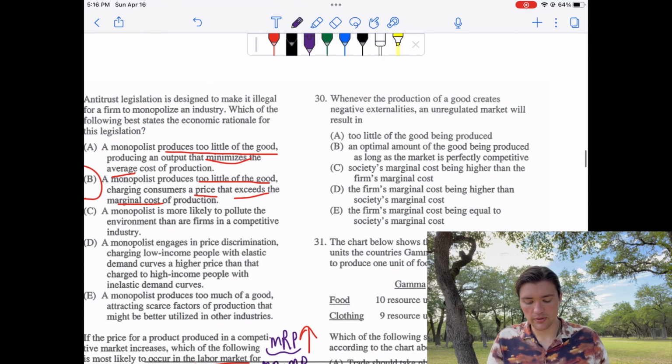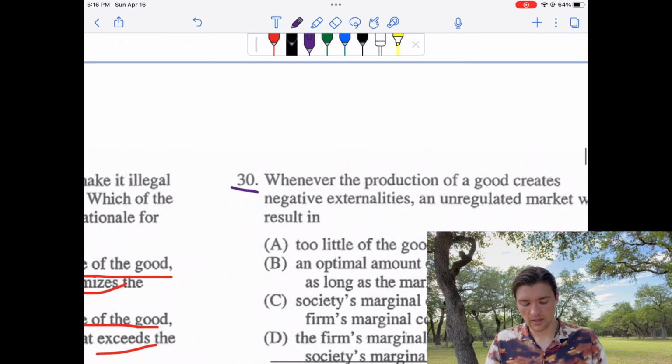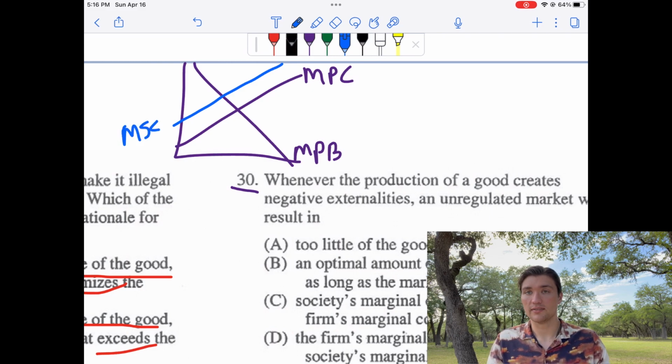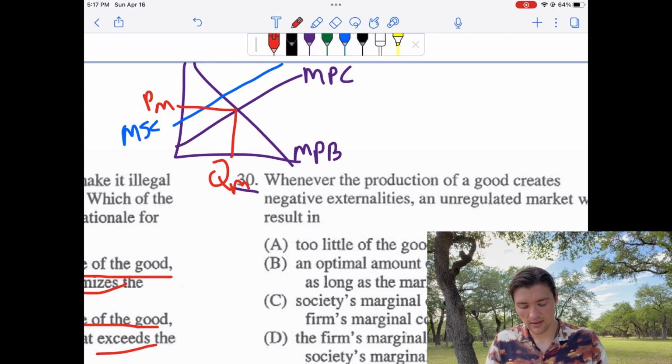And finally, number 30. Whenever the production of a good creates negative externalities, an unregulated market will result in what? So remember, when we're dealing with a negative externality, we have our marginal private benefits and our marginal private cost. Because it's a negative externality, our marginal social cost is going to be higher. So this is your market quantity and your market price. This is your social quantity and your social price.